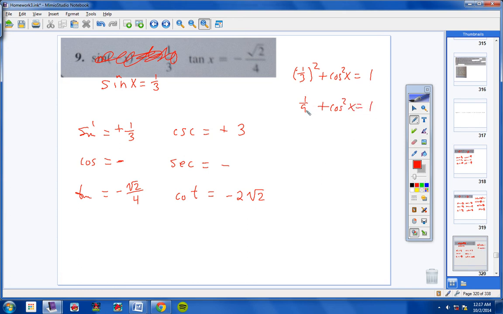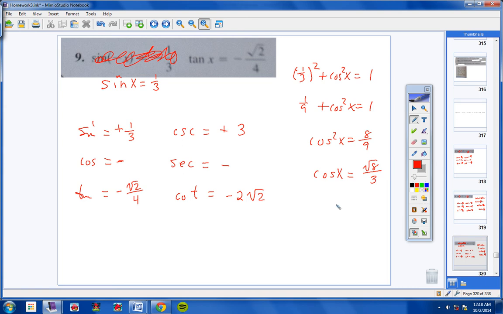Bring the 1/9 over, make it negative, and you get 1 minus 1/9 is 8/9. Then take the square root of both sides. The square root of cosine squared would be cosine. And the square root of 8 is the square root of 8, and the square root of 9 is 3.